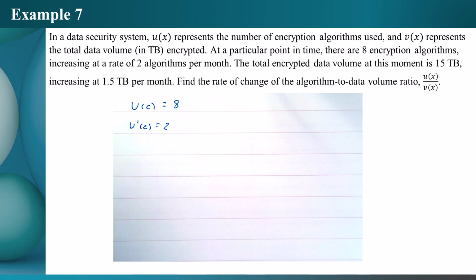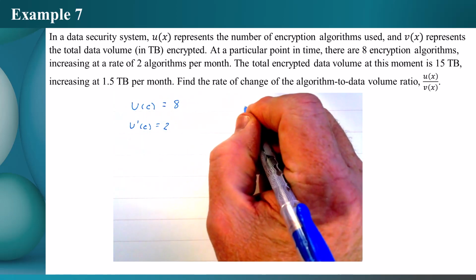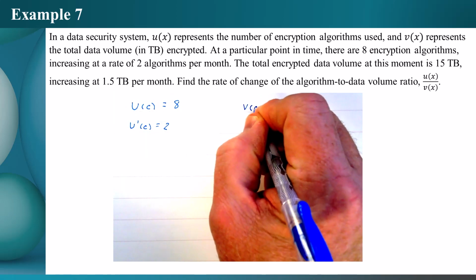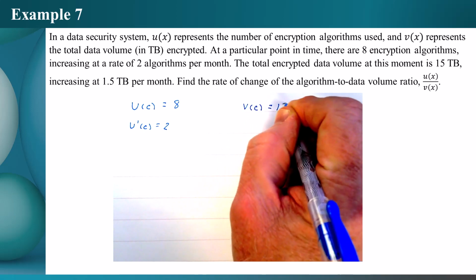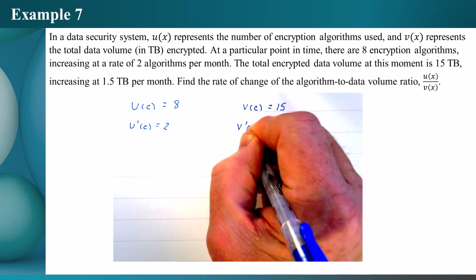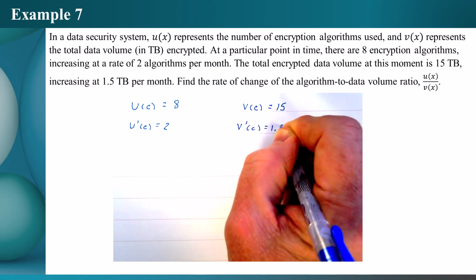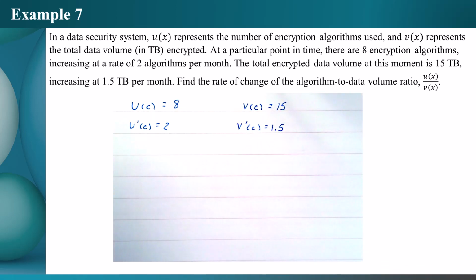Now we also know here that V of x represents the total data volume. And we know that at this moment, the total data volume is 15 terabytes, and it's increasing at a rate of 1.5 terabytes per month. So that means that at this moment c, V of c is equal to 15, and V prime of c is equal to 1.5. Now we want to find the rate of change of the algorithm to data volume ratio, which is U of x over V of x.